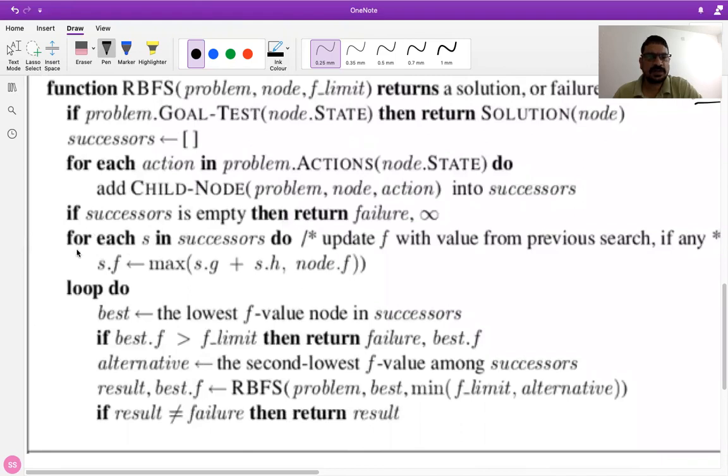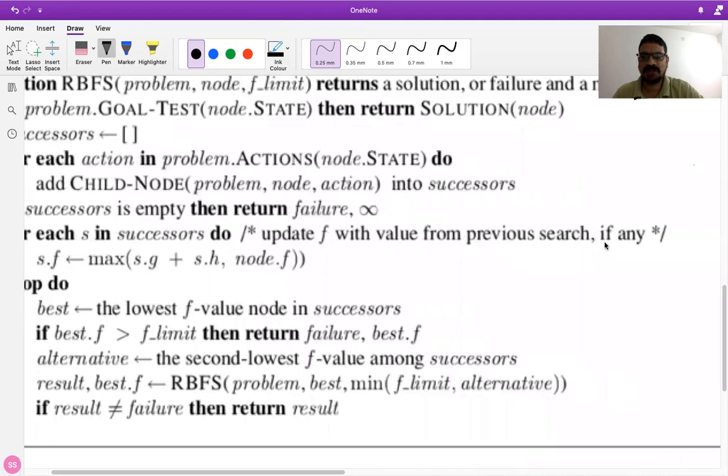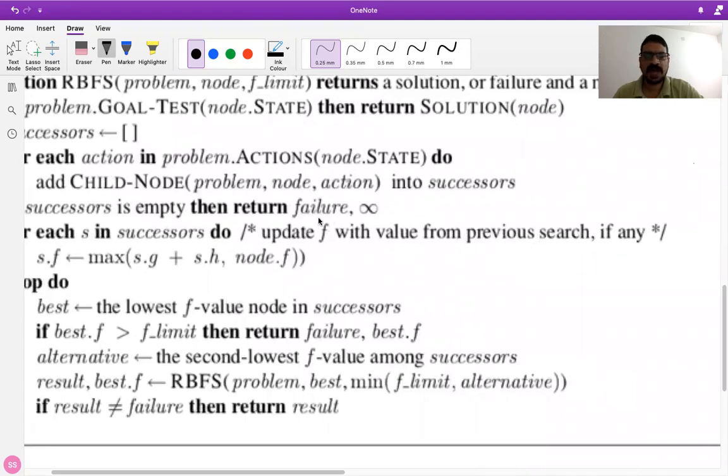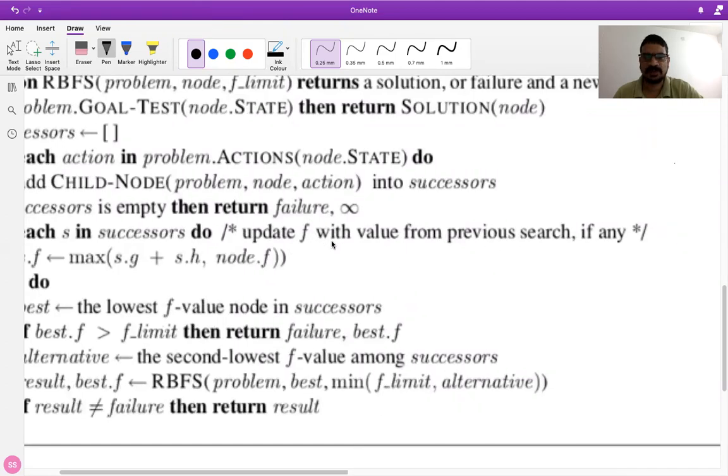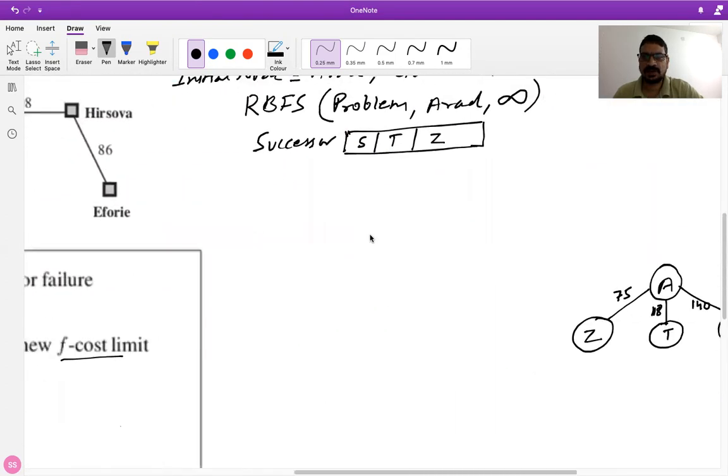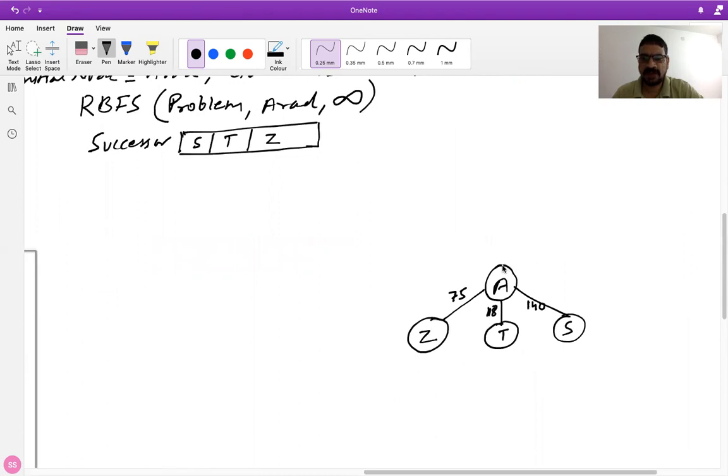Now, for each s in successor, there is a loop on successor. I'll update the f with the value from the previous search, if any. Now I'll use the f value. What is the f value here?